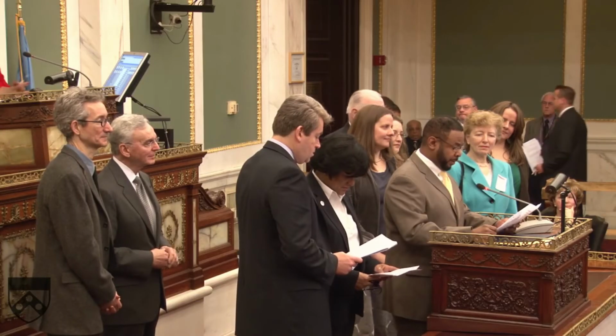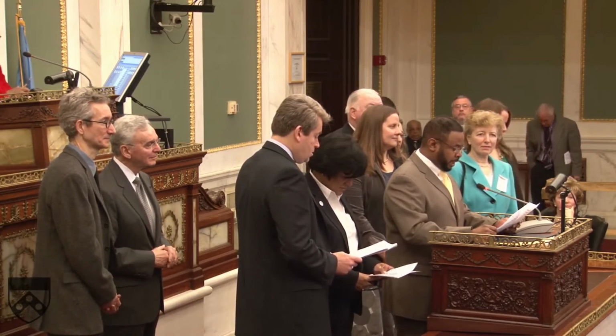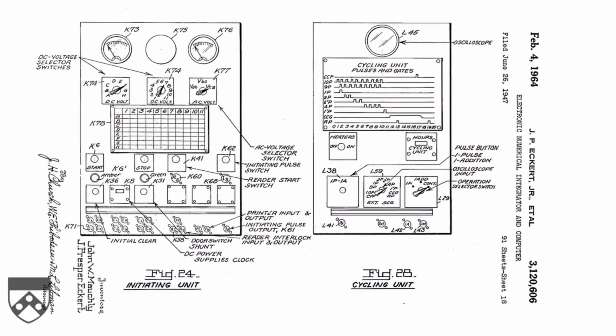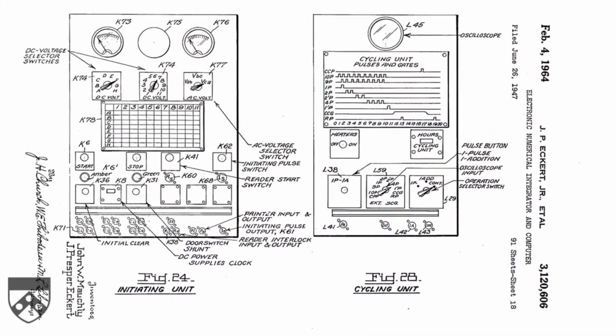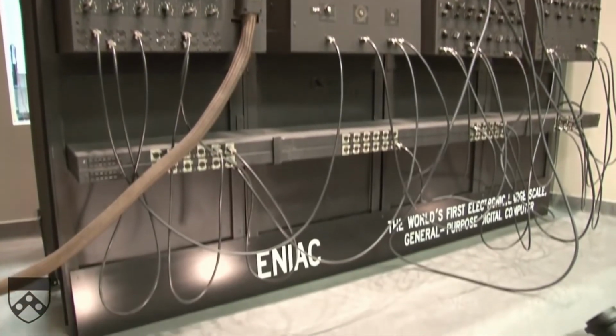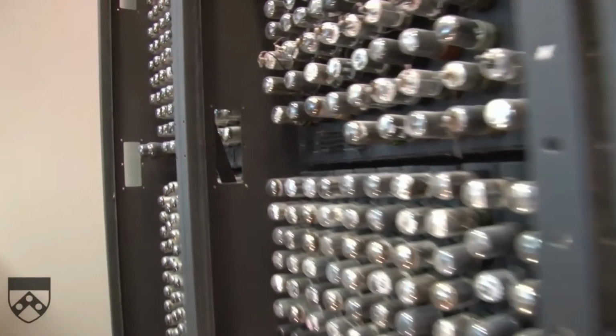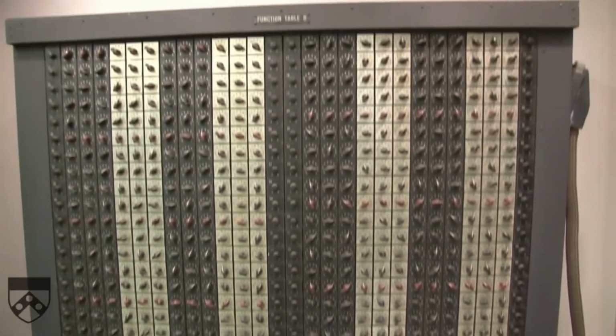ENIAC was revolutionary in being the first large-scale general-purpose electronic digital computer ever built, and led to the evolution towards modern computer technology by developing the stored program architecture that is the fundamental architecture for all computers today. They solved these equations that they thought would take 2 years in 2 hours. They did it. So the world changed.